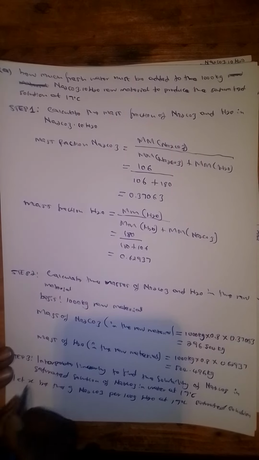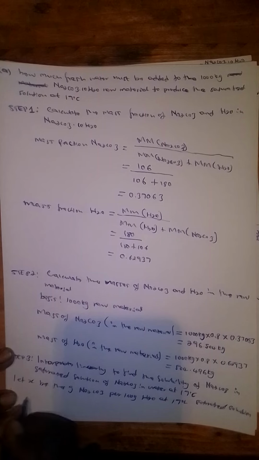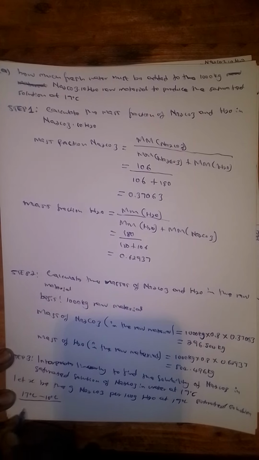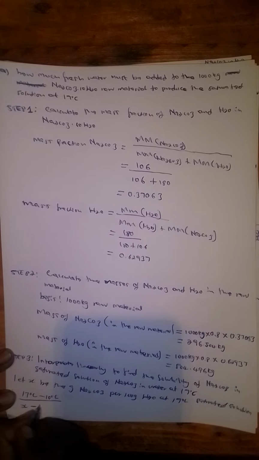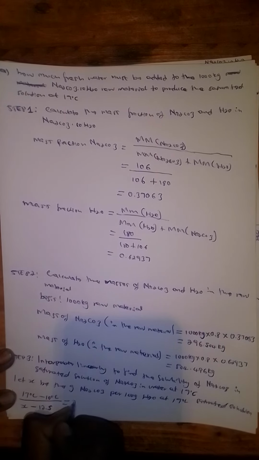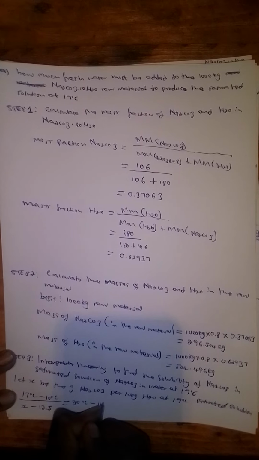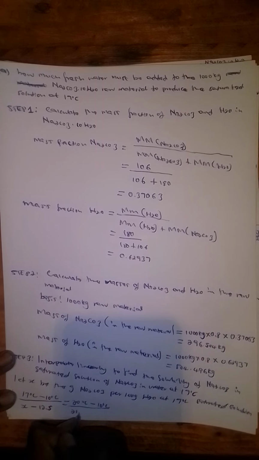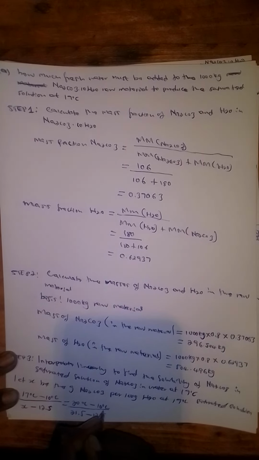So with that said, we can say therefore: 17 degrees Celsius minus 10 degrees Celsius, interpolating, all over X minus 12.5, is equal to 20 degrees Celsius minus 10 degrees Celsius all over 21.5 minus 12.5, right?